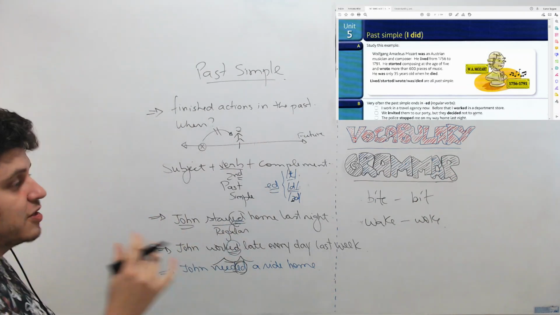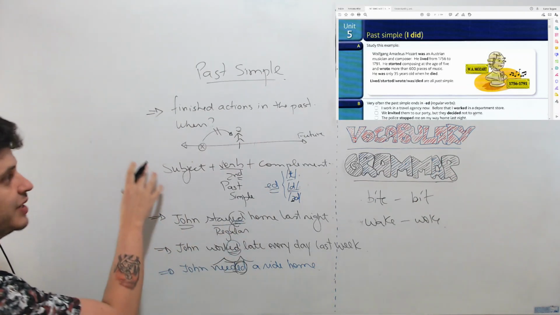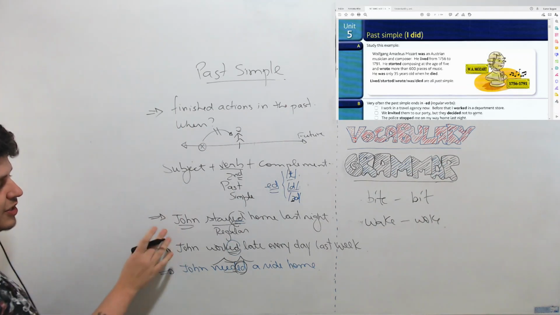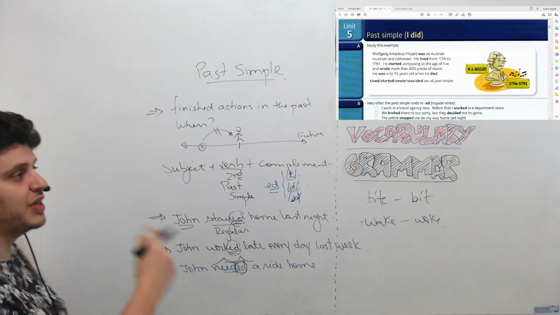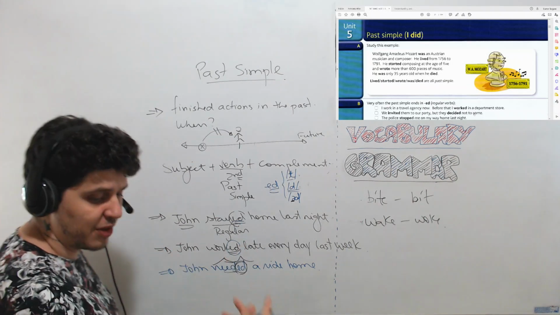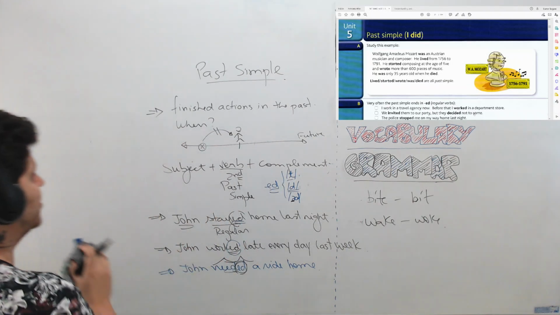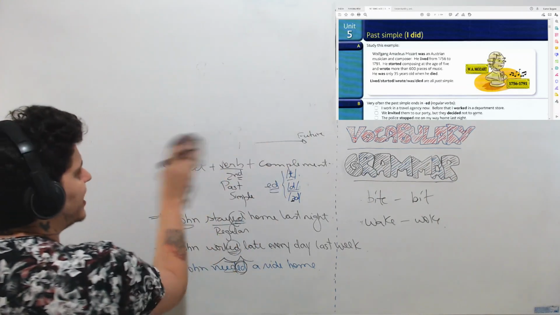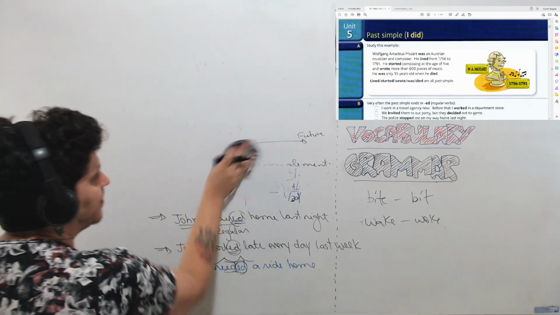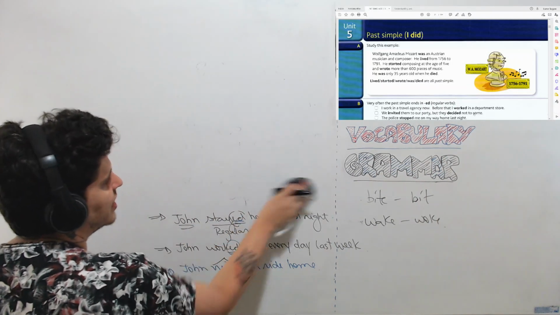But what I want to call your attention to is how this really works, because until now we were talking about affirmative sentences, right? So in affirmative sentences, we've got to change the verb. You may well want to take this note, which says that in the affirmative, write that down please.